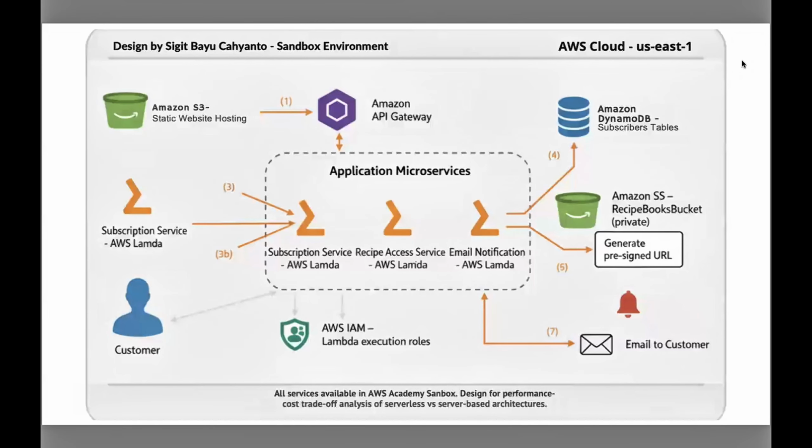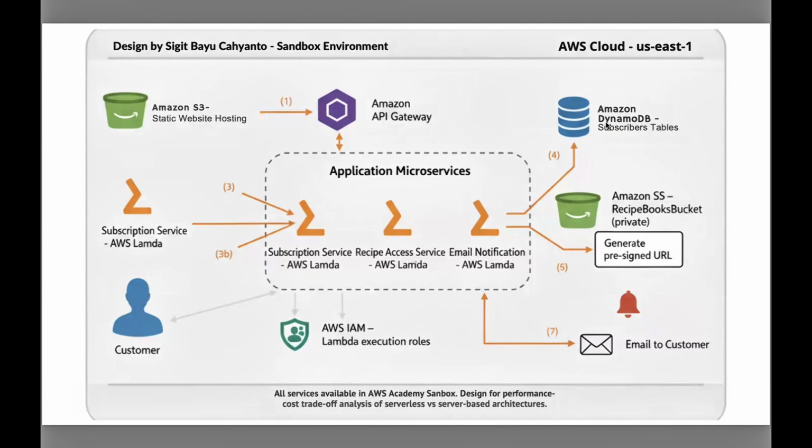This architecture uses the following AWS managed services. I'm using Amazon S3 for static website hosting, and CloudFront for content optimization. API Gateway is the front door entry point, and AWS Lambda is the compute layer for all the business logic.